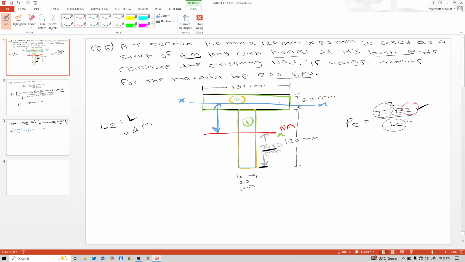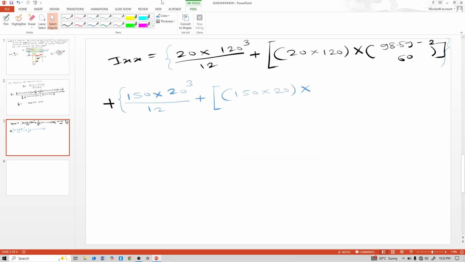The flange portion neutral axis is 120 plus 10, 130, and the total T section neutral axis is 98.89. So 130 minus 98.89, and the square of that term.